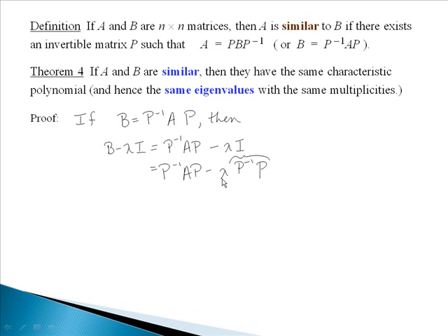So now I'm going to move my scalar over, so I'll have P inverse A times P minus P inverse times lambda times P. I can do that since it's a scalar.